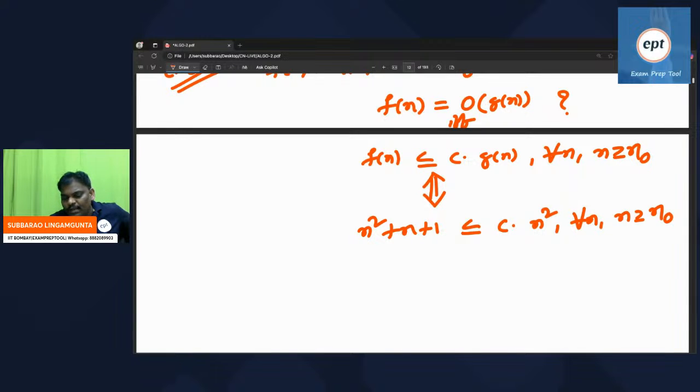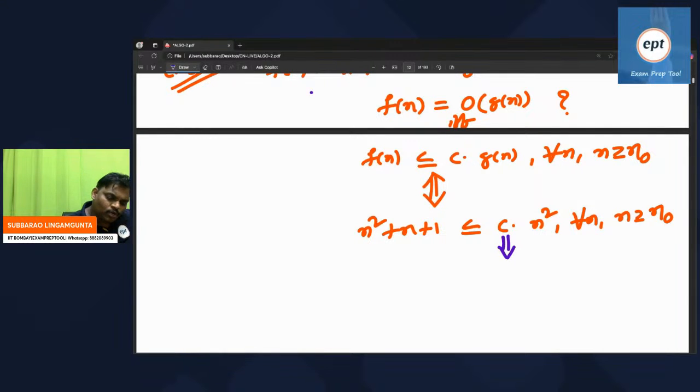But unfortunately here, the left is bigger. So I don't know how to prove it. C says that you can take my help. C is saying that I am a constant, you can take my help.